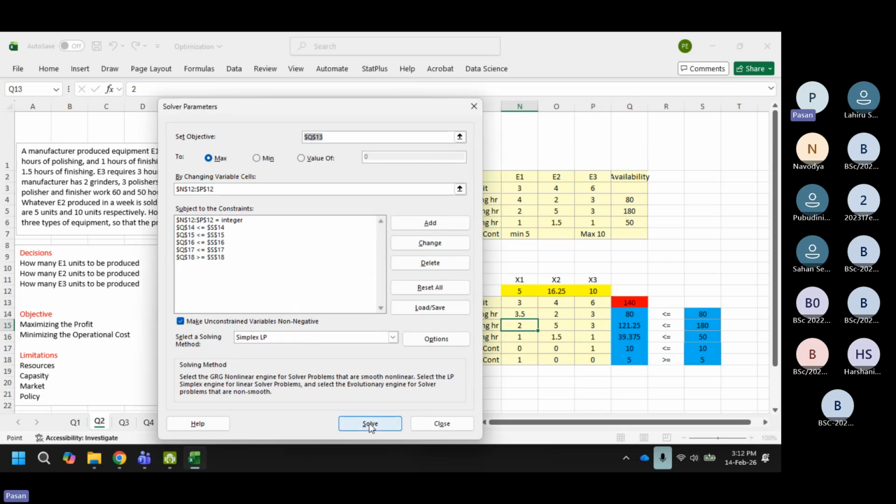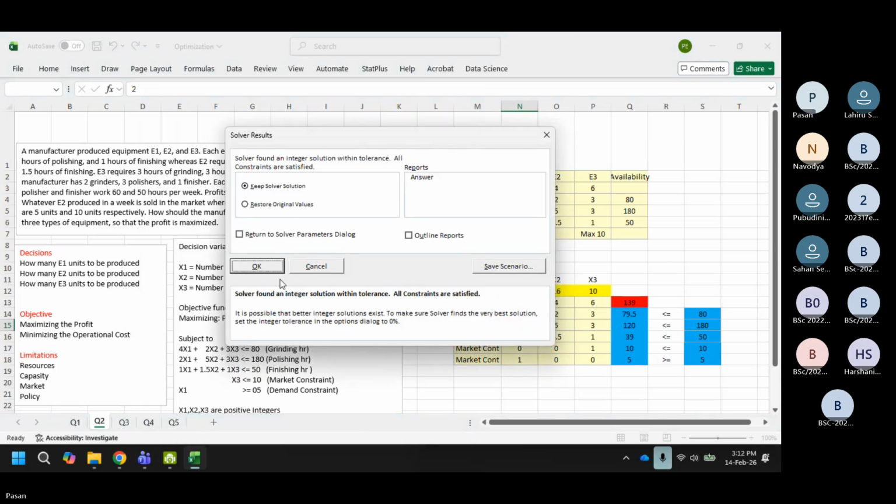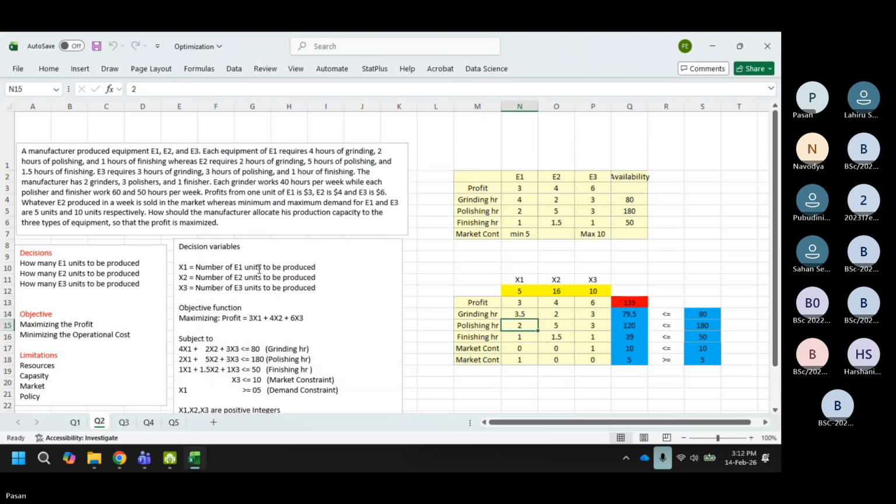And then when I solve it, I can see I'm getting 5, 16, and 10, right? So that's the indication that the maximum I can get is 139 profit, and how many items you have to produce from each item. So we can identify that particular setup like that.